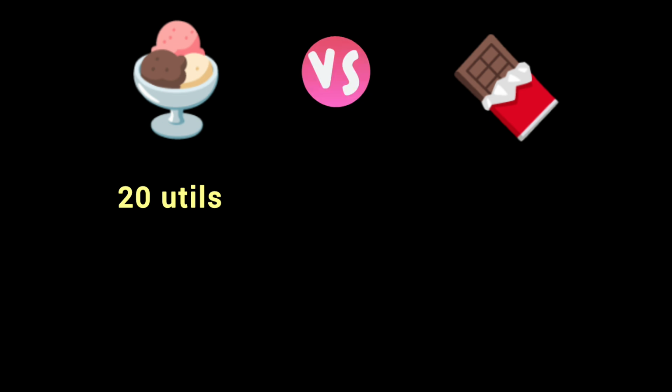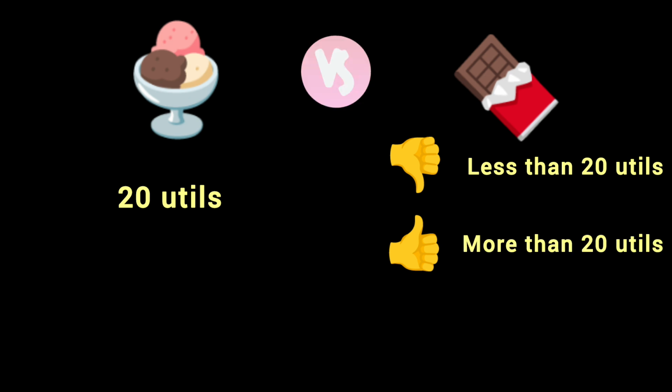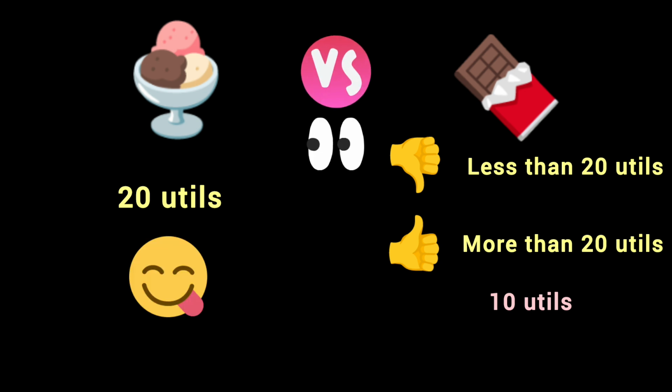If you like the chocolate less, you may assign fewer than 20 utils, because you have already assigned 20 utils to the ice cream and liked the ice cream more. However, if you liked it more, you would give it a number greater than 20, and if you liked it less, some number less than 20. Suppose you assign 10 utils to the chocolate, then it can be concluded that you like the ice cream twice as much as the chocolate.